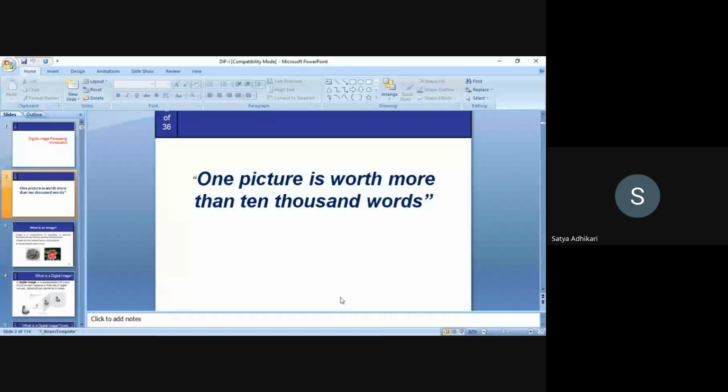The truthfulness of this statement? Is it true? One picture is worth more than 10,000 words. Do you agree?